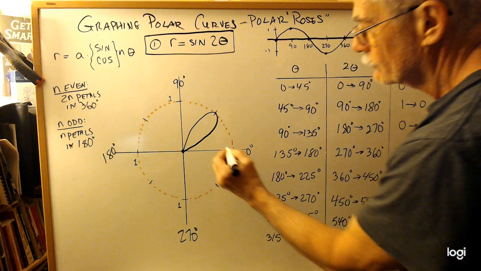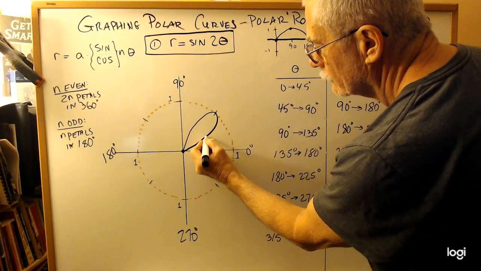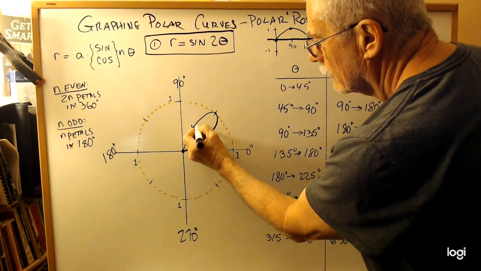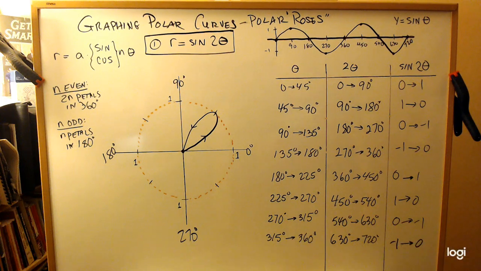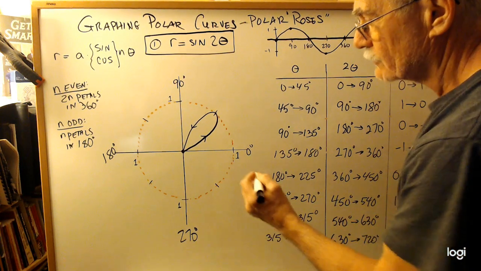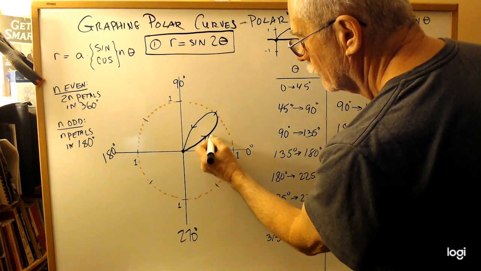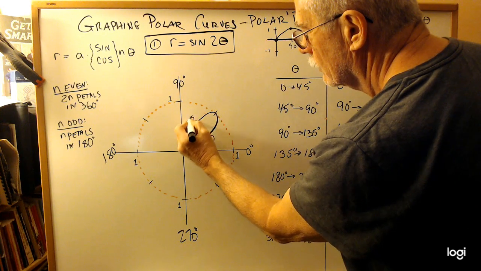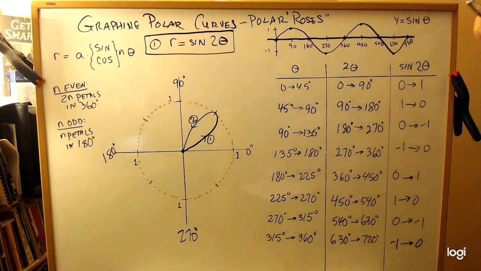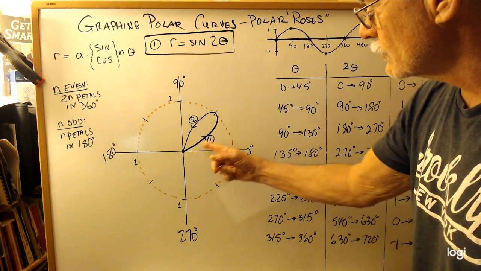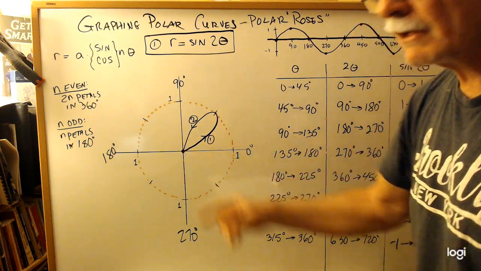And to keep our heads straight about this, I'm going to put in little arrowheads to show the orientation or the direction the path is traversed. And since this is going to get a little complicated, I'm going to put a 1 here and a 2 here and circle them to indicate that this is the first leg of the path, this is the second leg of the path.